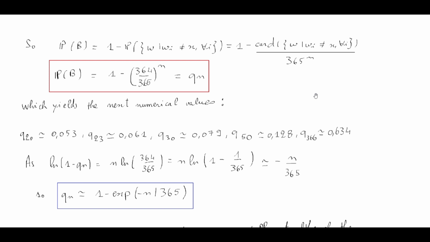We end up with the probability of B being 1 minus 364 over 365 to the power of n, equals Qn, according to the 3 points we saw not so long ago, which yields the next numerical values.